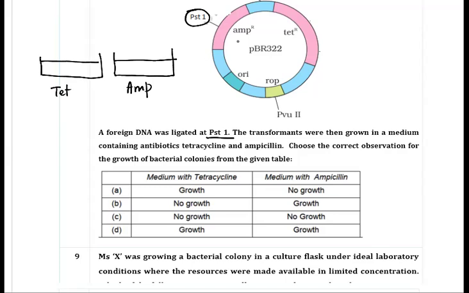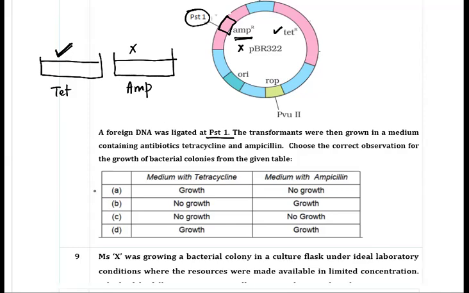So remember, when alien DNA is inserted here in this area by using PstI, that means the resistance for ampicillin is finished. But still this transformed bacteria will have the resistance for tetracycline. That means in the tetracycline medium the bacteria will grow, but in ampicillin the bacteria will not grow. Now look at the options.